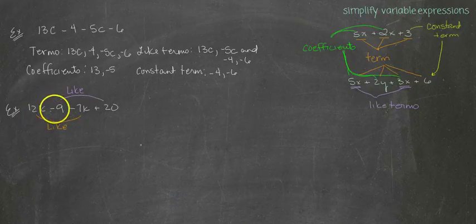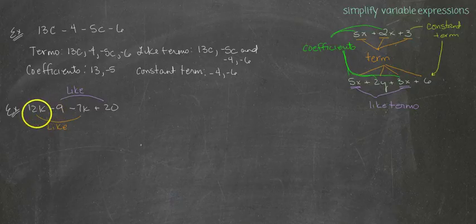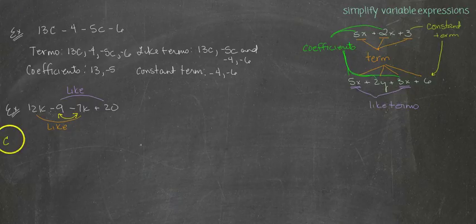But notice I can't combine this 12k and this minus 7k because there's a -9 in the middle. That's okay. I know I have the commutative property that says I can switch the -7k and the -9, I can just switch these back and forth. Except, remember, the commutative property is for addition, but I have subtraction in here. No big deal.